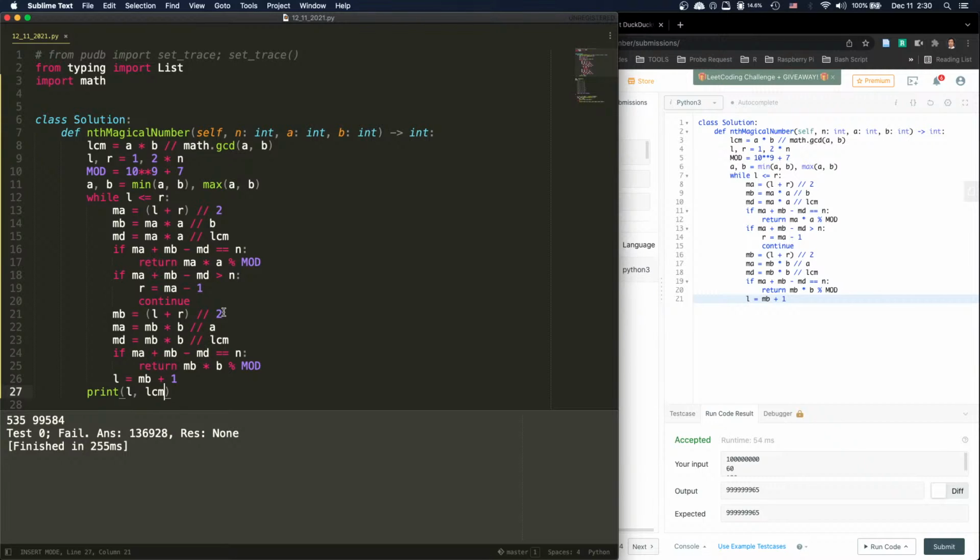And 99584 2 on MD. So this will be 534 plus 811 minus 2. So this one gives 1,343. So that's too big, right? That's too big. So we say, okay, left will be plus 1. And then boom, we got out.